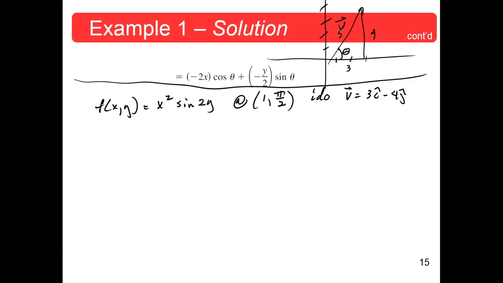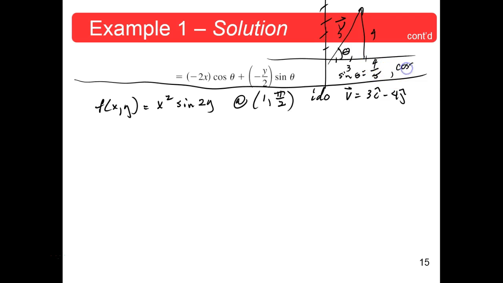Now, we're interested in the sine and the cosine of that. That's really all we're interested in. Well, what's the sine of that angle theta? Opposite over hypotenuse, over 5.